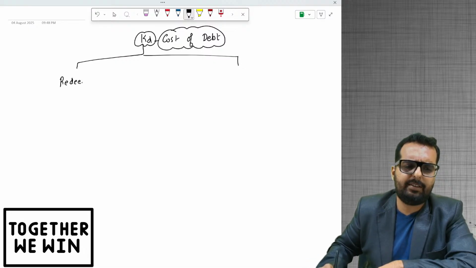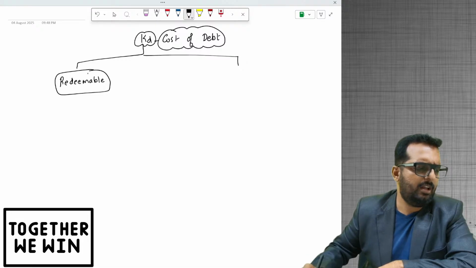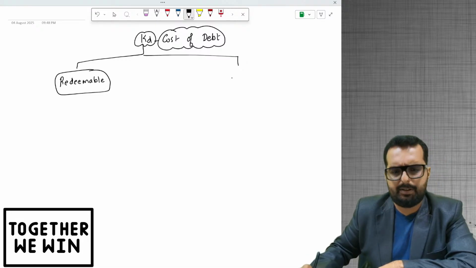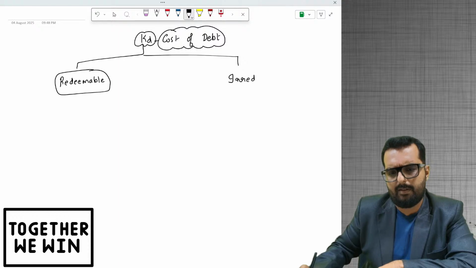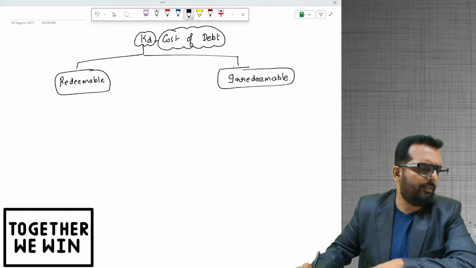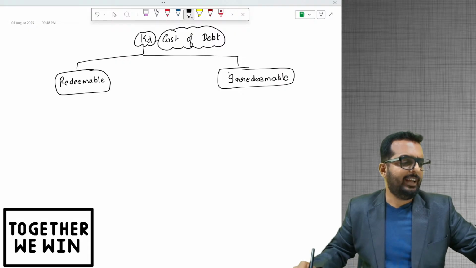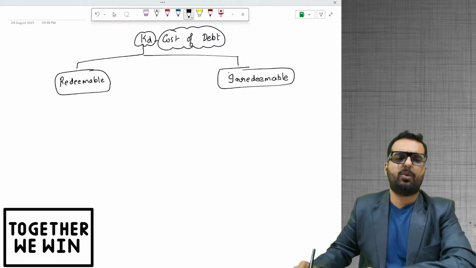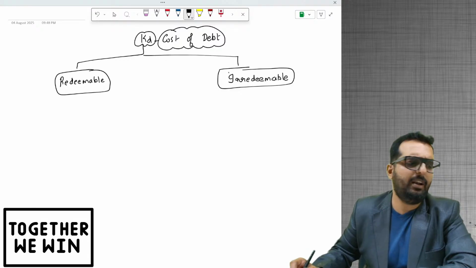One is called redeemable debt, and the second one is what you call irredeemable debt. The first one is called what, friends? It is called redeemable debt, and the second one is irredeemable debt.